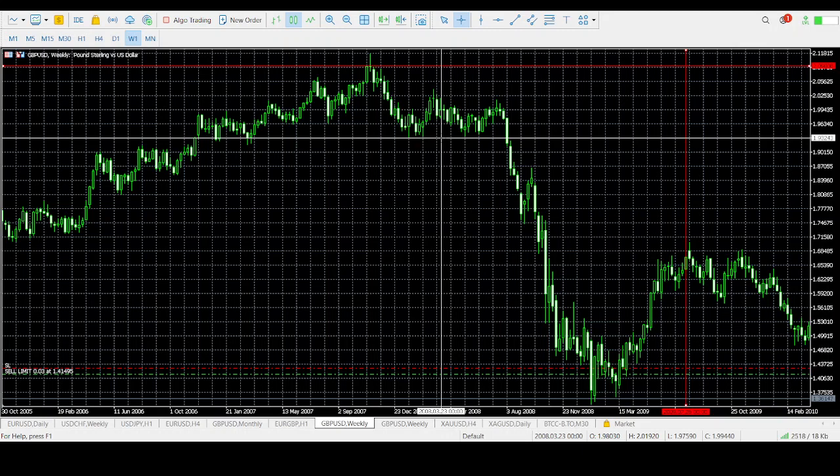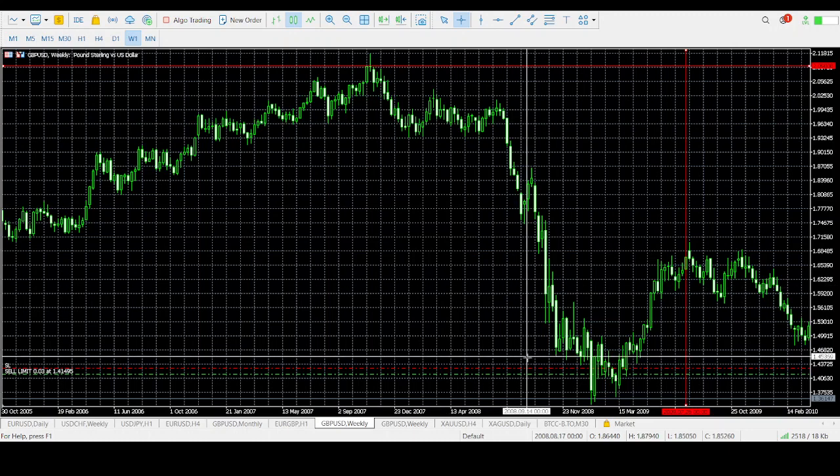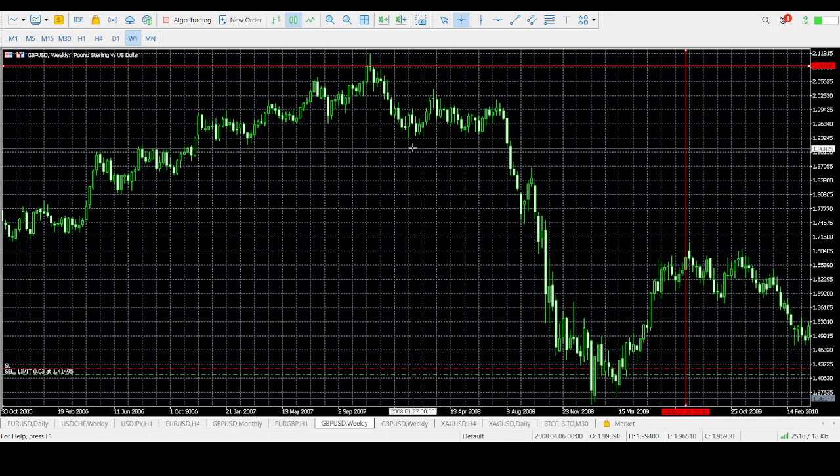But to determine the exit point of this trade, we would have to look at a few other things, maybe even the monthly chart to draw the support and resistance lines, and we would probably have to have some indicators on, but that's not the topic now. That will be the topic of one of the future videos.